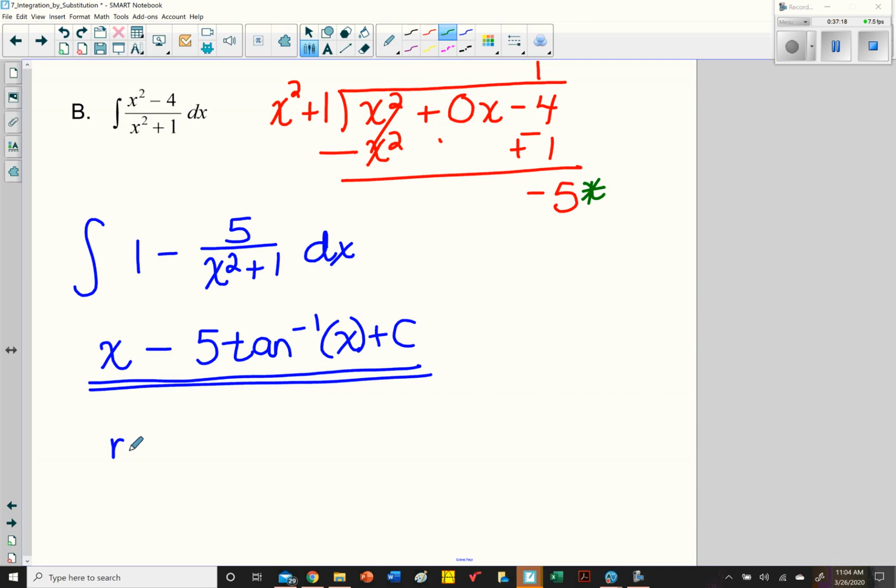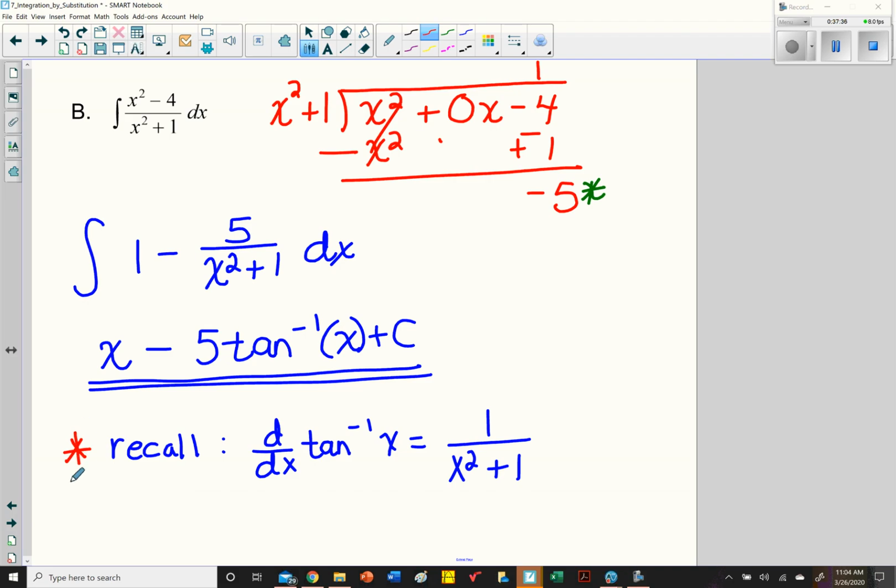Remember, the derivative of tangent inverse x is 1 over x squared plus 1. So you have a little recall there. Okay?